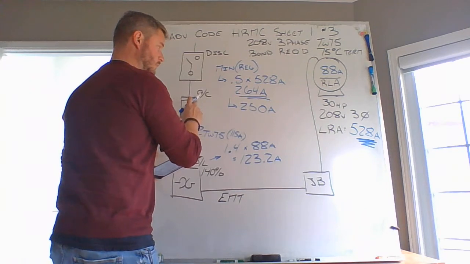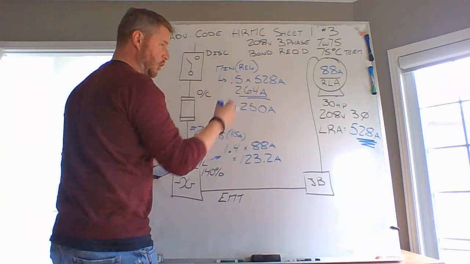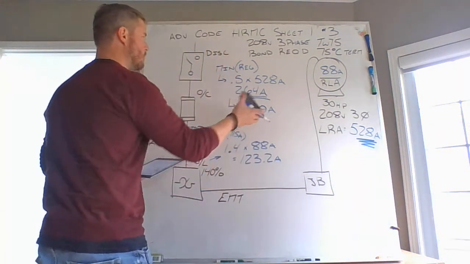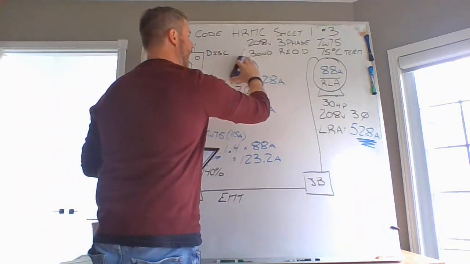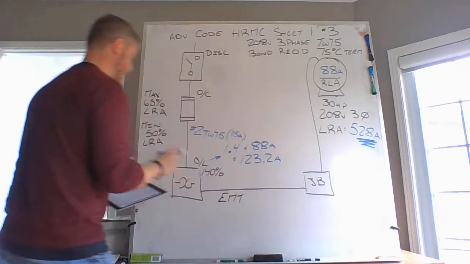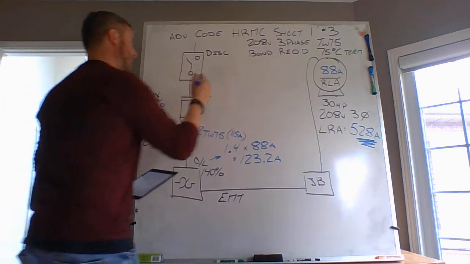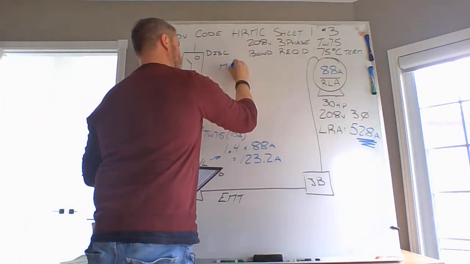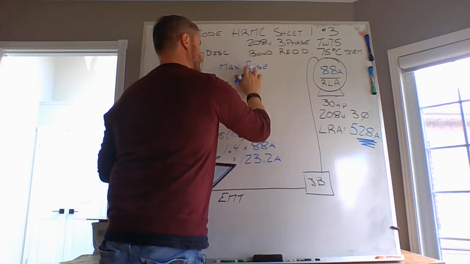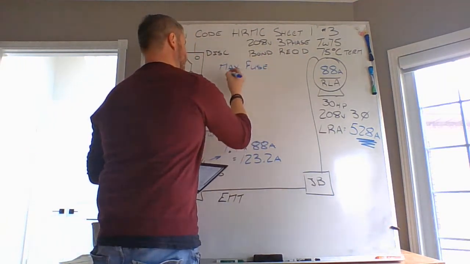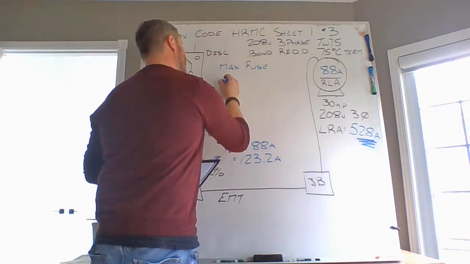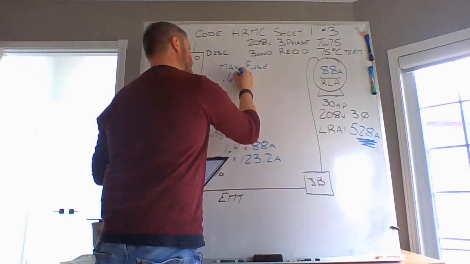However, I can increase that if the motor isn't permitted to start. The hermetic refrigerant motor compressor isn't permitted to start. I can go to a maximum fuse size at that point in time. And that's why I had it written over here. My max fuse, I can go with my same locked rotor current of 528 amps at a 65% multiplier.